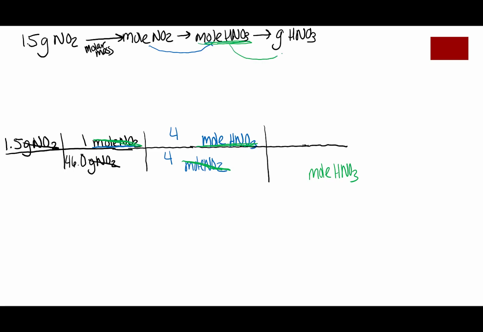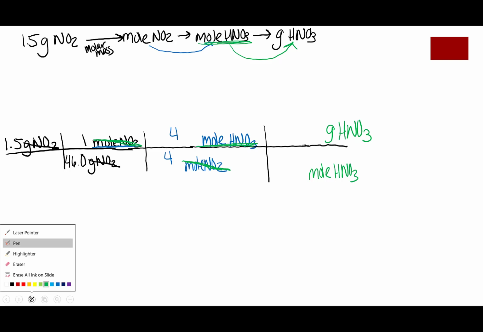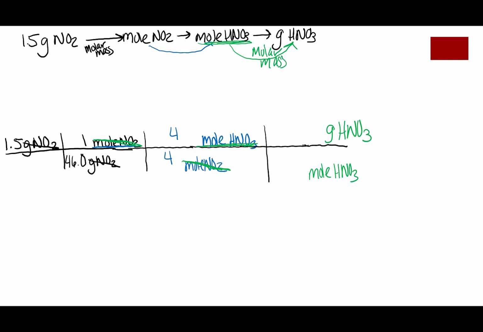Our destination needs to go on the top line, so our final destination is grams of HNO3. To fill in the pieces here, we use the molar mass again: 1 mole of HNO3, and let me quickly calculate that, 15.999 times 3 plus 14.007 plus 1.008. The molar mass of HNO3 is 63.01.